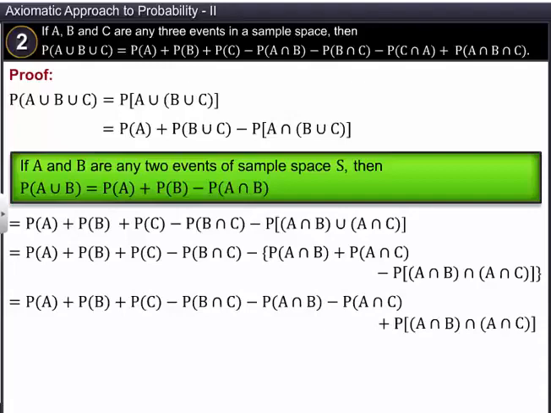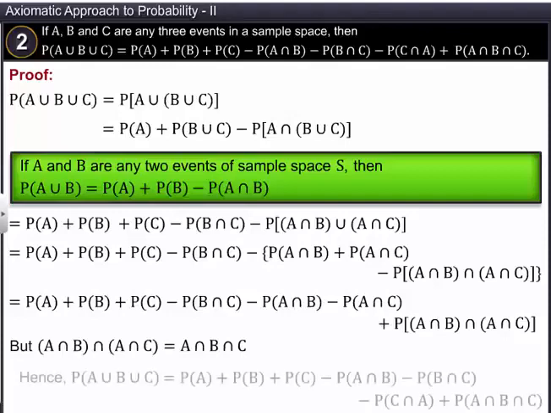Since A intersection B intersection A intersection C is equal to A intersection B intersection C, we get P of A union B union C is equal to P of A plus P of B plus P of C minus P of A intersection B minus P of B intersection C minus P of C intersection A plus P of A intersection B intersection C. Hence the theorem is proved.